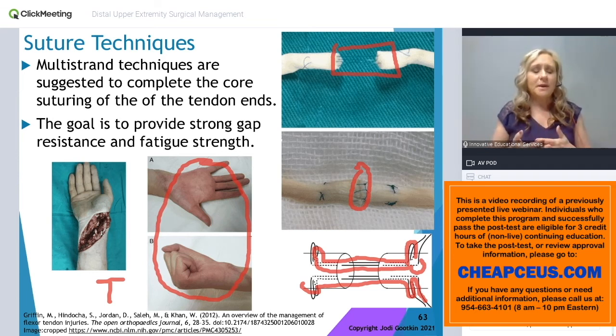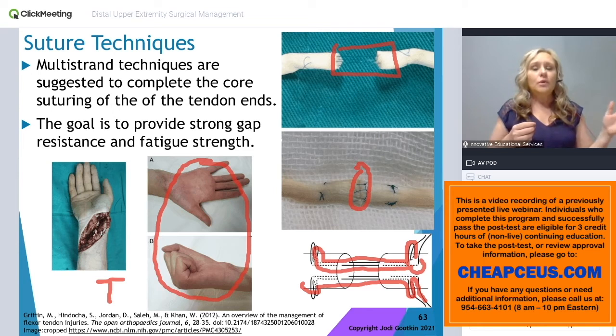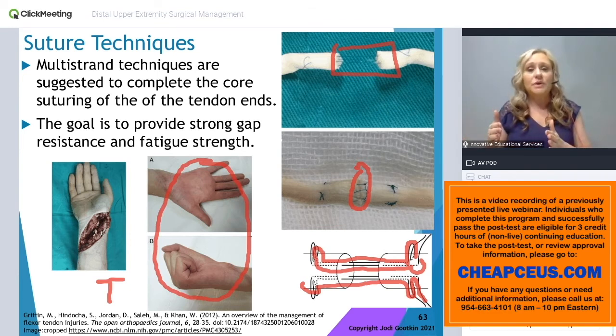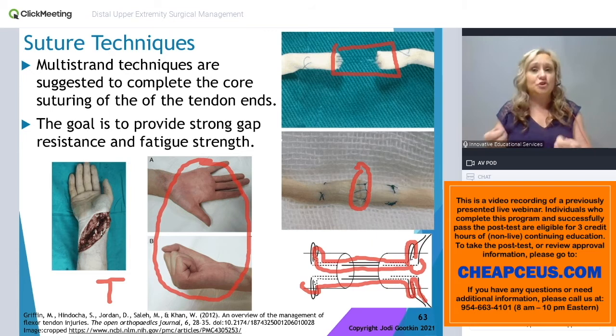So we need to remember that as we are rehabbing patients and we're controlling that mobility and active motion, we're concerned and mindful about disrupting that repair all the way through. Just because they were okay for the first couple weeks of active motion doesn't mean we're not still being cautious that disruption could occur if we put too much force across that repair.